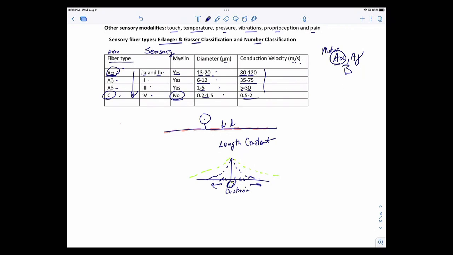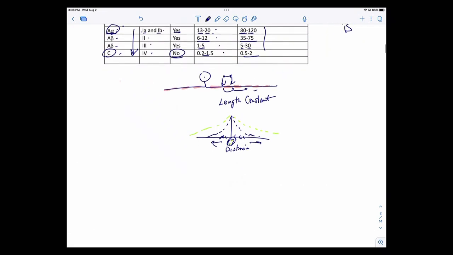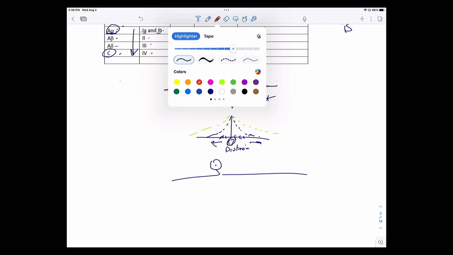So you know that the smaller the myelin, the smaller the length constant. And if they have a smaller length constant, then the nodes of Ranvier have to be closer together to get that saltatory conduction going from node to node to node. Now imagine that I have another sensory neuron, and its myelin is really, really thick.